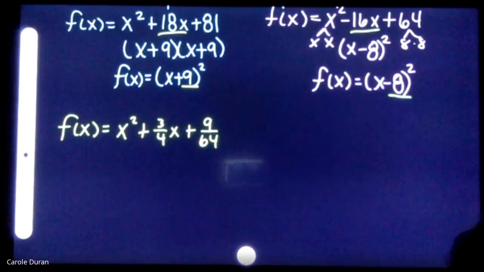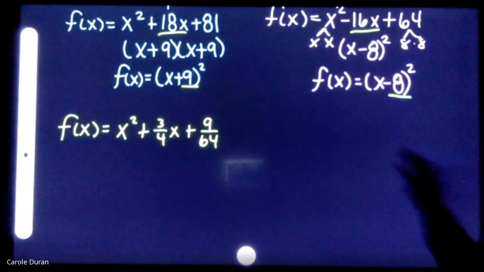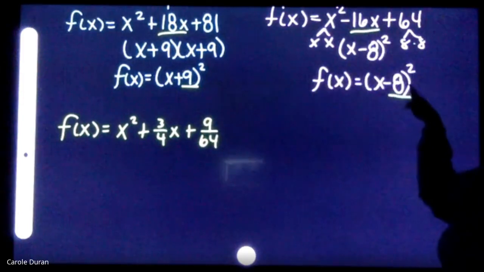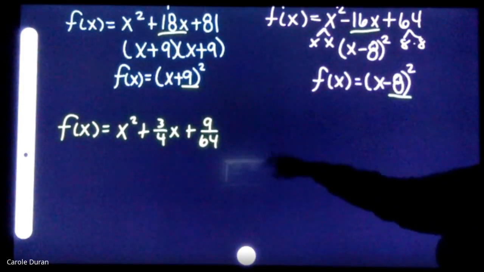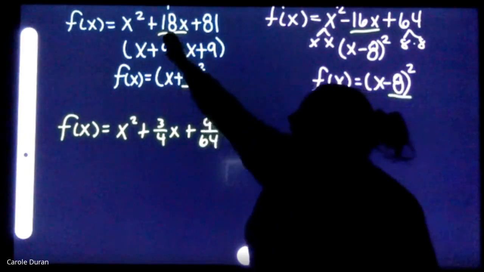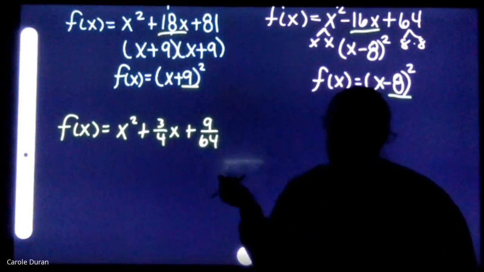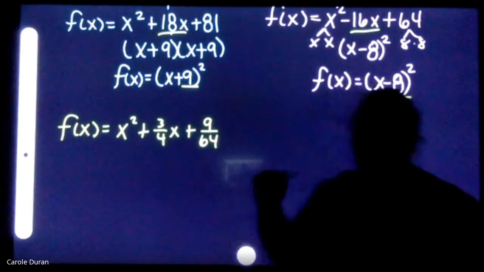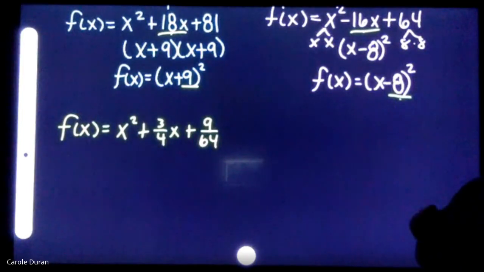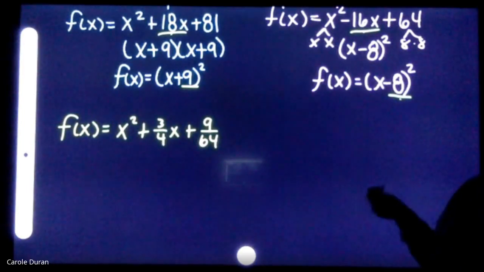Okay, yes, 3 and 4 can go into those. But I'm asking, can we use this relationship we've already seen to factor this one without having to do the mathematical work? So what do I notice between 9 and 18 here? What is 9? Half of 18. What is 8 compared to 16? Half of 16.